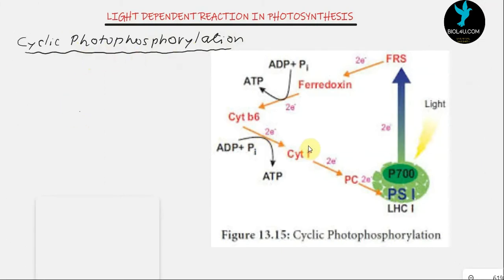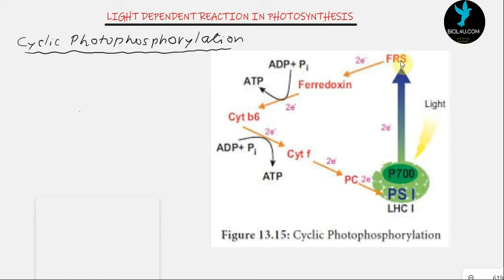So in the cyclic photophosphorylation, the PS absorbs sunlight at the wavelength 700 nanometer. Here the specific chlorophyll A is P700. This P700 absorbs the 700 nanometer wavelength light energy and becomes excited, going from the ground state to the excited state, and the electron is expelled outside, and this electron is taken by the ferredoxin reducing substrate.